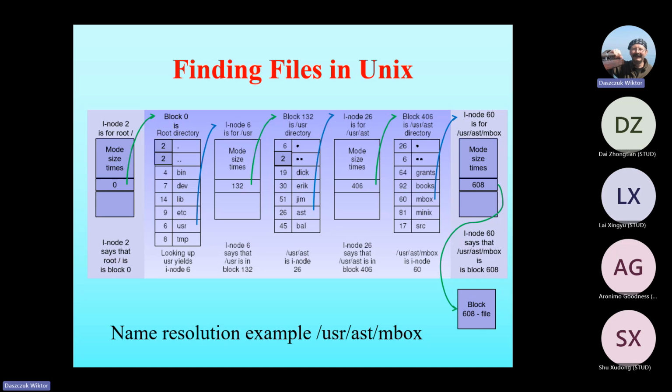Dot is this directory. So if it is inode number 6, inode 6 describes this file. Here we have 6. And 2 dots is the parent. So it is the inode number of the parent.